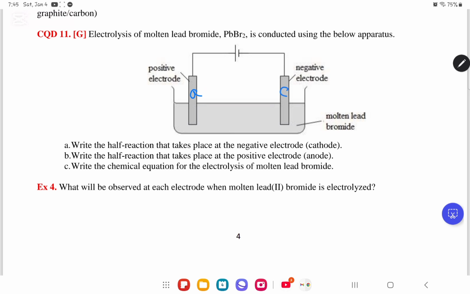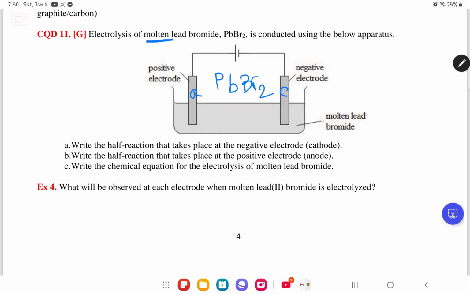What we need to know is that they put it in molten, so molten is very important. What happens in molten is that at the positive electrode, the anions are going to form, and at the negative electrode, the cations are going to form. In this case, our equation is PbBr2.